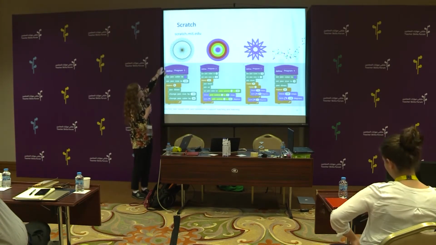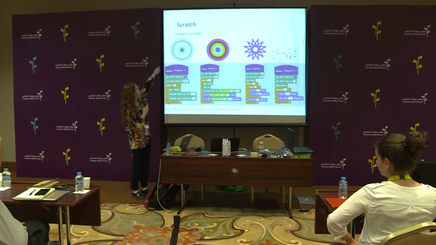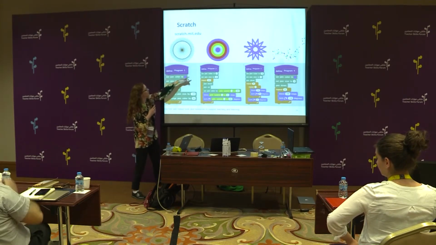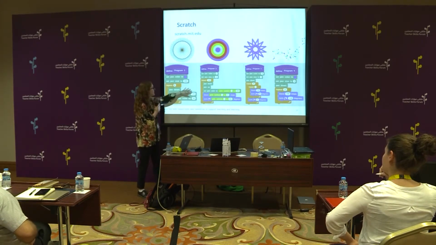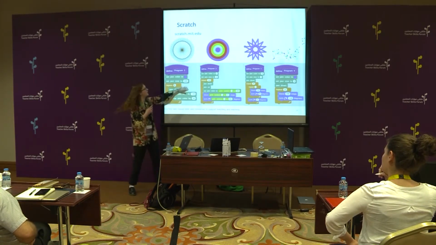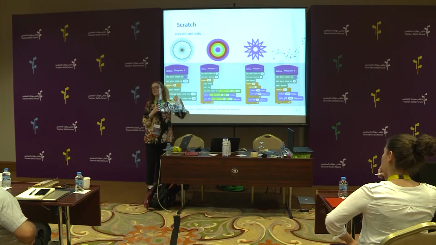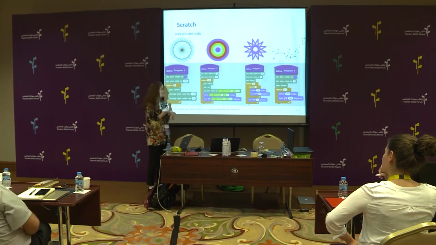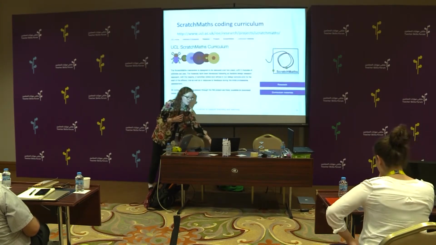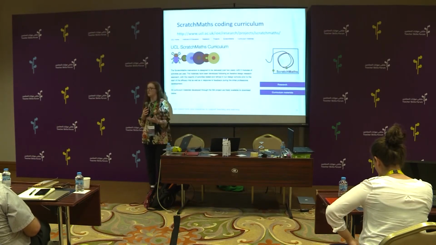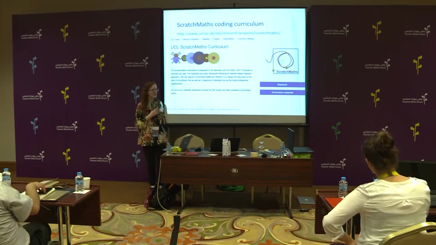And then as it moves around, it draws the shape. So this one has drawn a shape by making all of these lines. That one's drawn a kind of star shape. That one's drawn lots and lots of dots. This particular program creates the shape with lots of dots because it gets the character to choose random colours and choose random locations. So even without knowing a huge amount about programming, you can start to make judgments based on just your logical reasoning and your prediction skills.